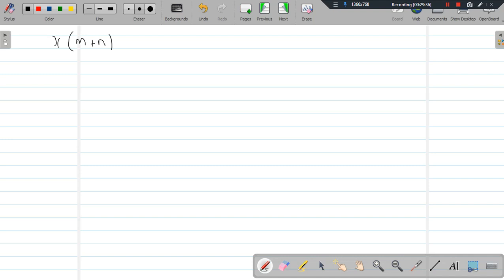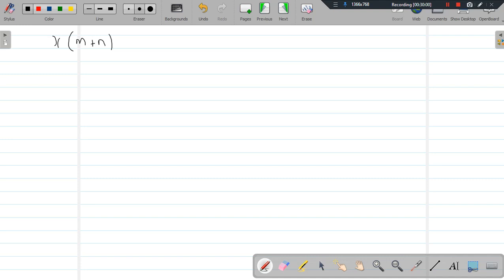Alright, so what this is telling us is that anytime you have a number or a variable and there is a bracket or there is an expression in a bracket, now what we do over here is that we take this number which is outside the bracket to multiply each term in the bracket. So how many terms do we have here?